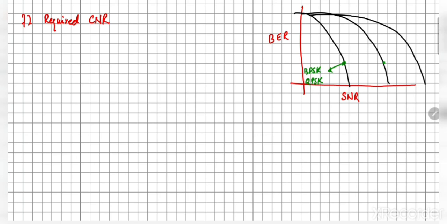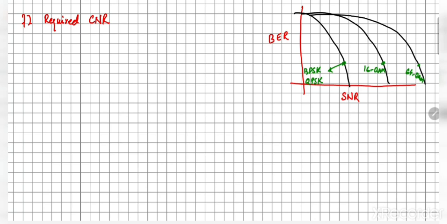Then there will be some modulation schemes like 16 QAM, and this modulation scheme of 64 QAM or 256 QAM that will require a very large SNR in order to arrive at the same particular reference BER level.